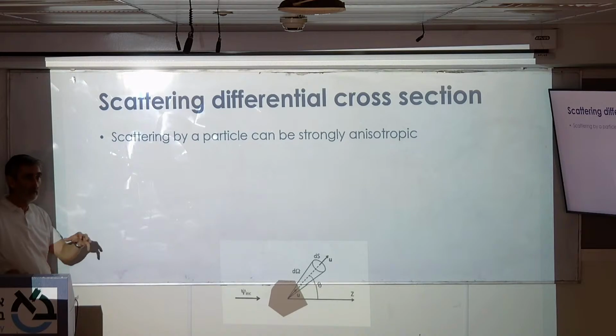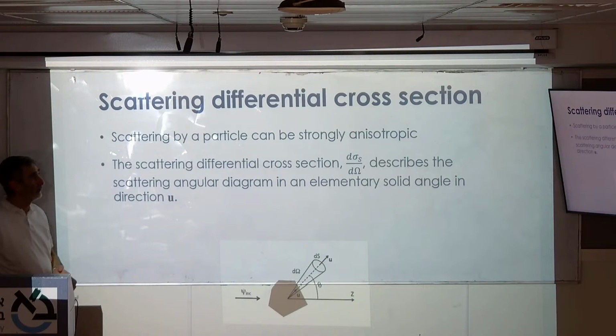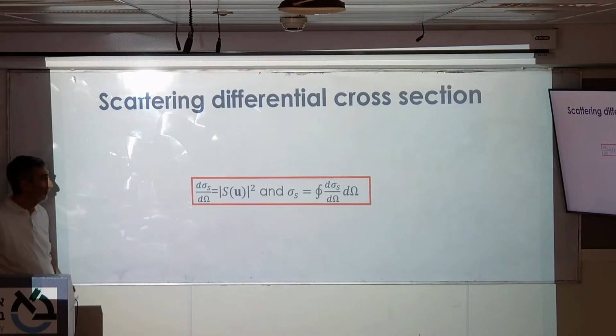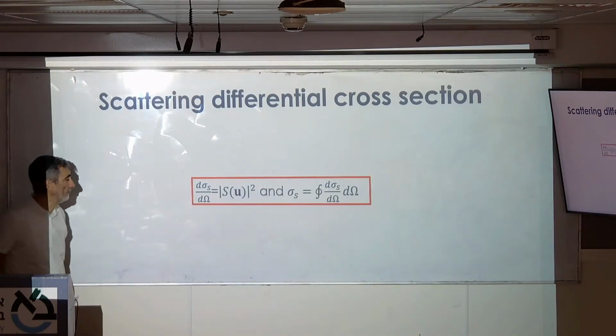And the cross-section itself is just the integral over all the solid angle of the differential cross-section. So I'm not saying something new here. This is just another way to call the scattering intensity.